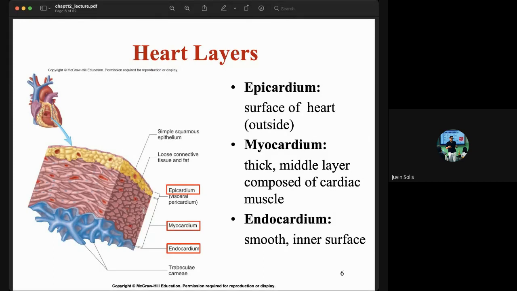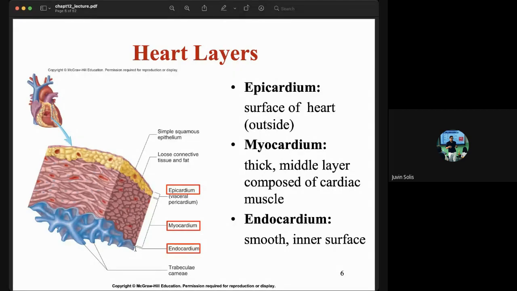Here, yung pinaka-malaking part ng ating heart, that is what we call your myocardium. Your myocardium is the thick middle layer composed of your cardiac muscle. And then here, parang subcutaneous part kumbaga sa skin, that is your endocardium, which is the smooth inner surface.